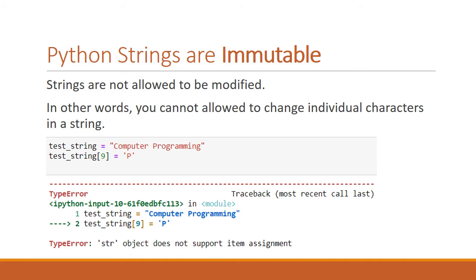So if we try to execute the segment of code test string is assigned the value computer programming, then we try to assign test string 9 to the character P, Python interpreter generates a type error, and this type error specifically states that string objects does not support item assignment. In other words, you cannot change individual characters within a string.